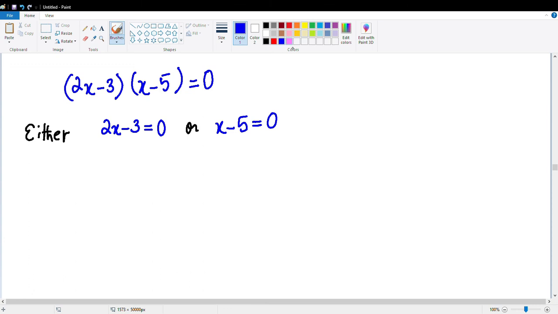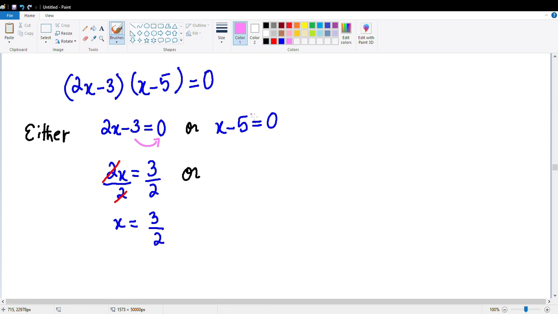In the first case, take minus 3 to the other side, and 2x will equal 3. Then we divide by 2 on both sides to get rid of the coefficient, and we'll get x equals 3 over 2. Basically, 2 and 2 cancel and we get 1, and 1 multiplied by x is just x.